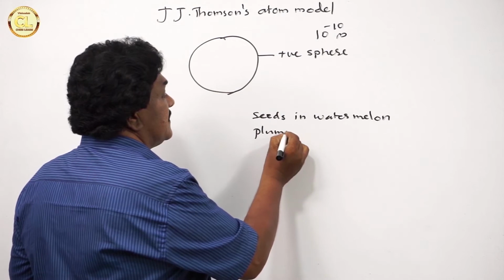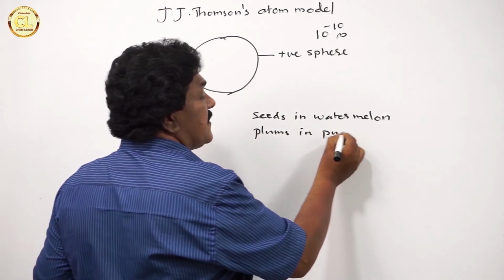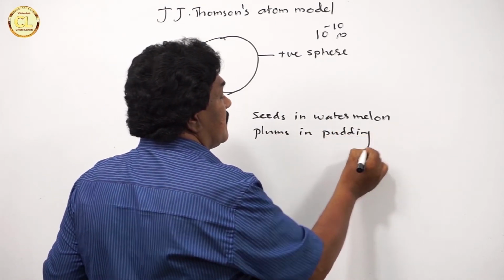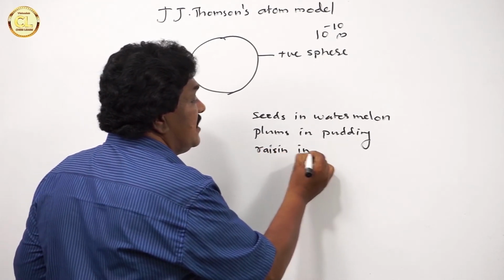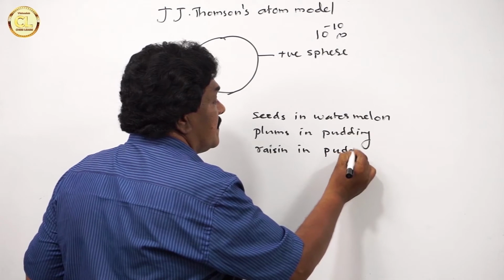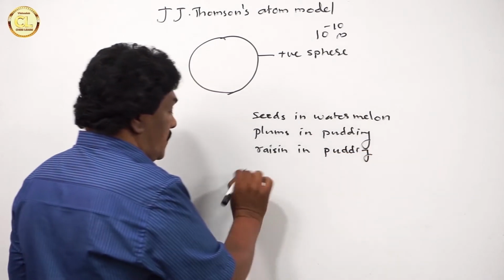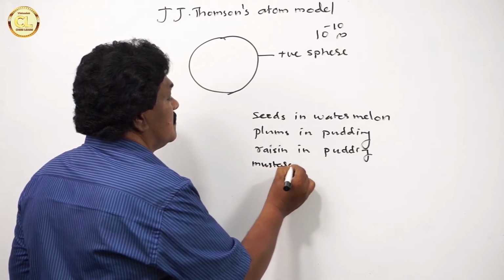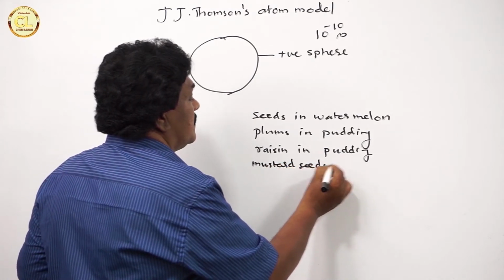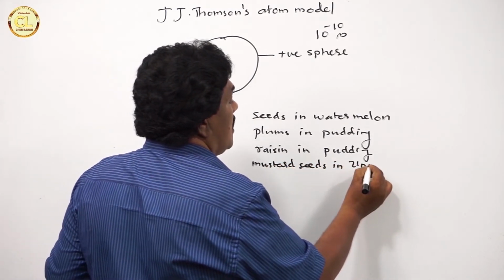plums in pudding, raisins in pudding, or mustard seeds in upma.